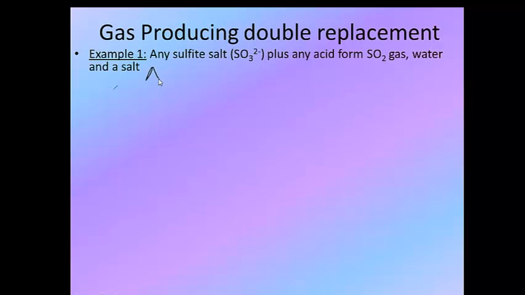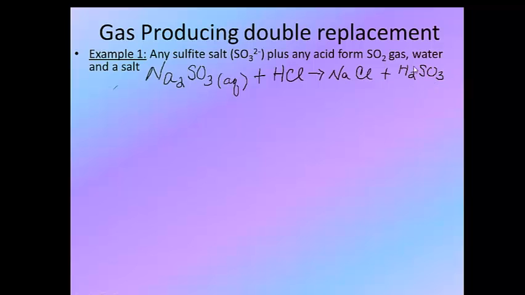So for example, a sulfite salt, let's pick the nice simple one: aqueous sodium sulfite and hydrochloric acid. For a double replacement reaction, the sodium will replace the hydrogen, and you will get, of course, sodium chloride. And the hydrogen will replace the sodium, so you will get sulfurous acid.